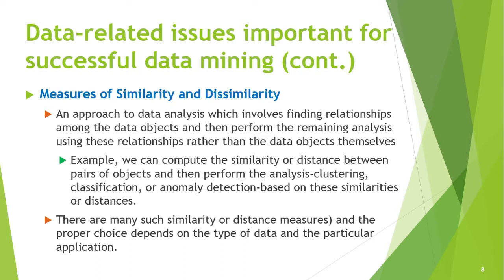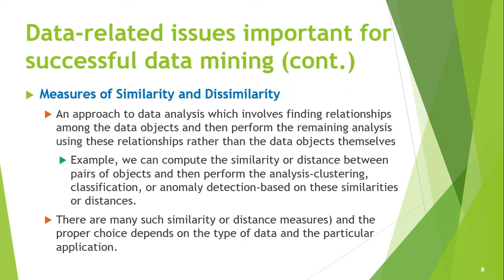Measures of similarity and dissimilarity. One approach to data analysis involves finding relationships among the data objects and then performing the remaining analysis using these relationships rather than the data objects themselves.